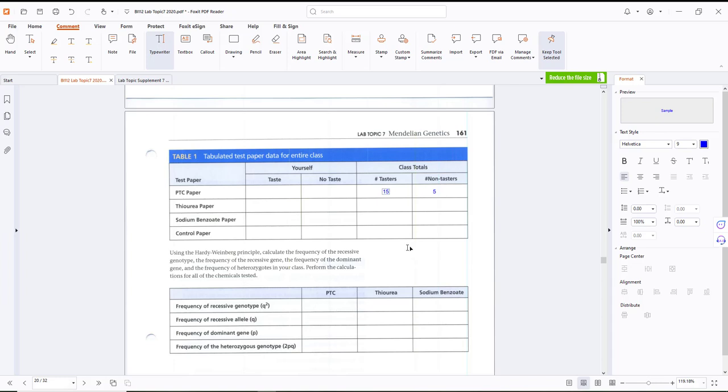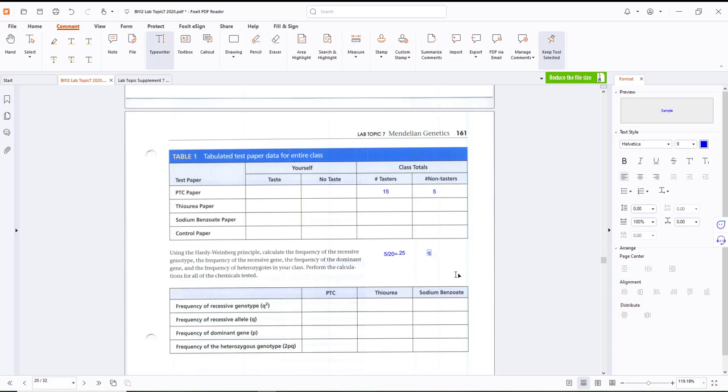So we know that there's 5 divided by 20, which equals what? That equals 0.25, right?